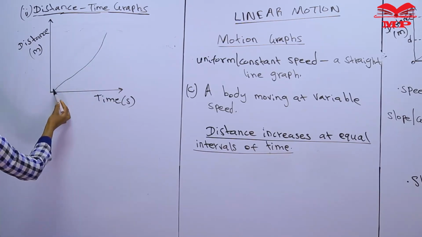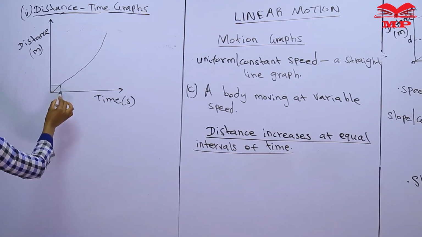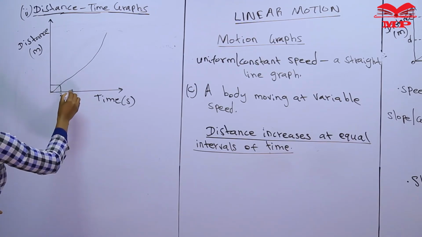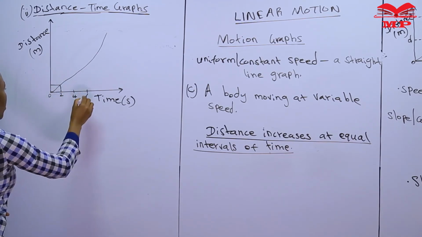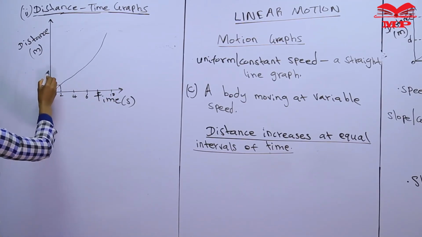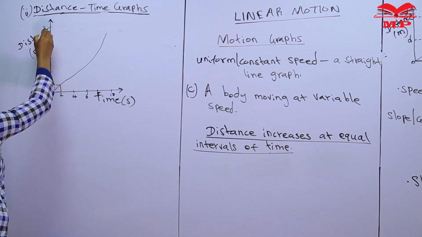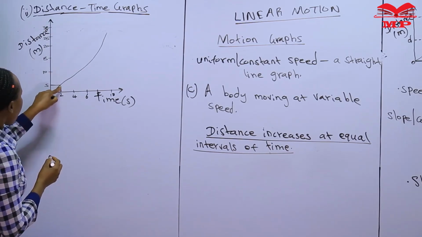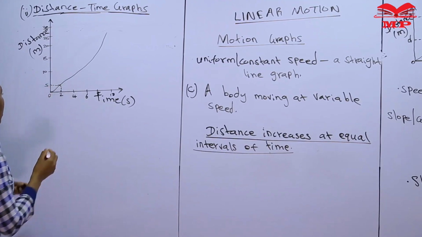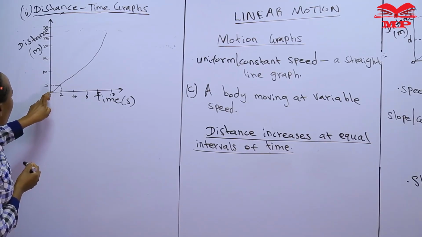Let's say the time here is 0, 2, 4, 6, 8, 10, and the distance is 5, 10, 15, 20, 25, and 30. We use dotted lines so that it doesn't look like we have another graph. From this point, the distance is changing from 0 to 2.